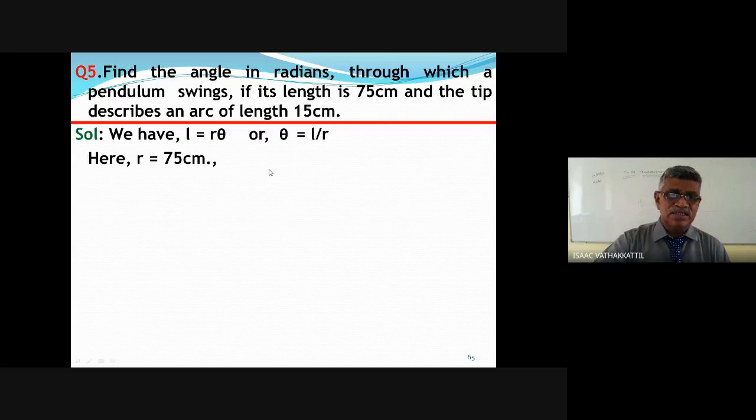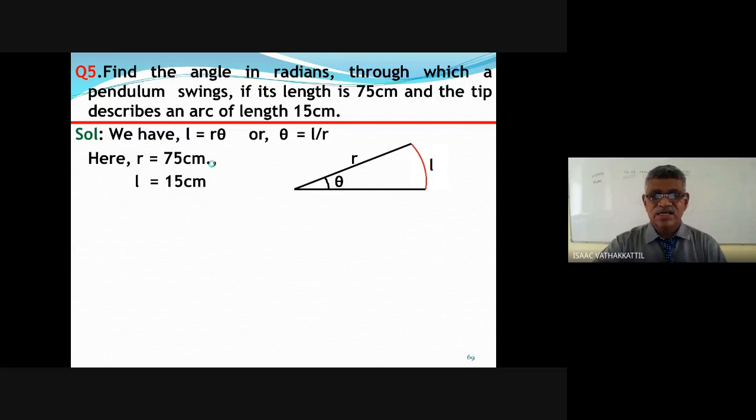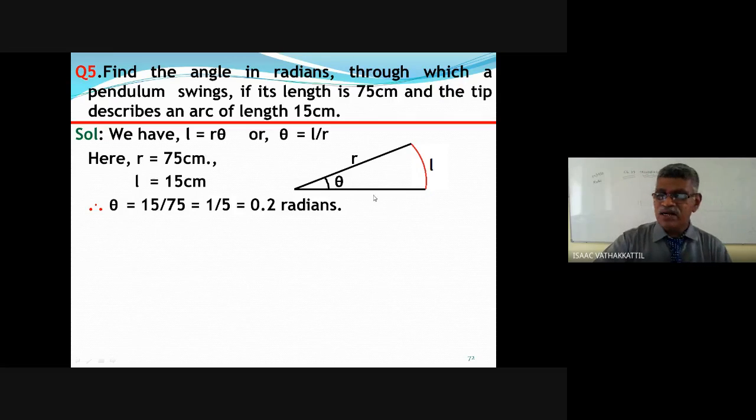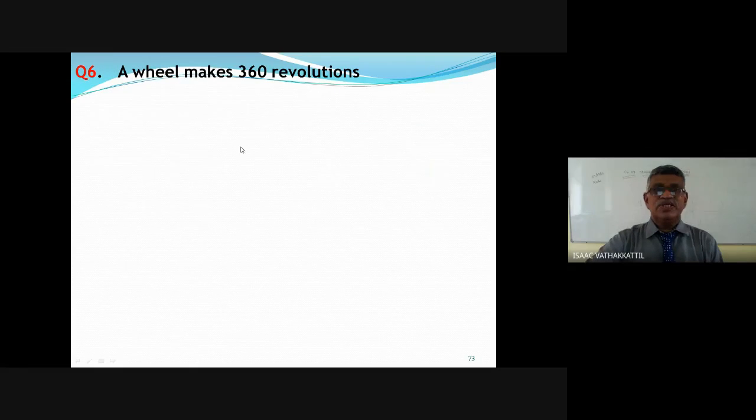The radius r is 75 centimeters and L is 15 centimeters. So theta is L by r, 15 by 75, that is 1 by 5 or 0.2 radians.